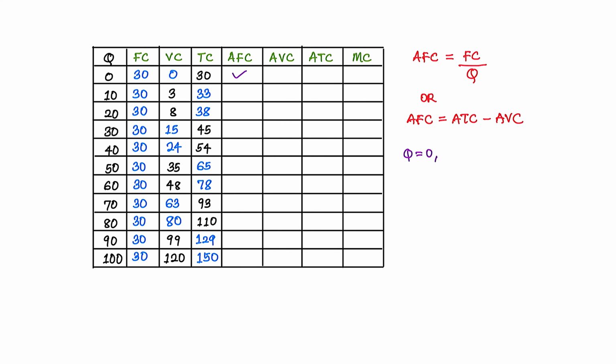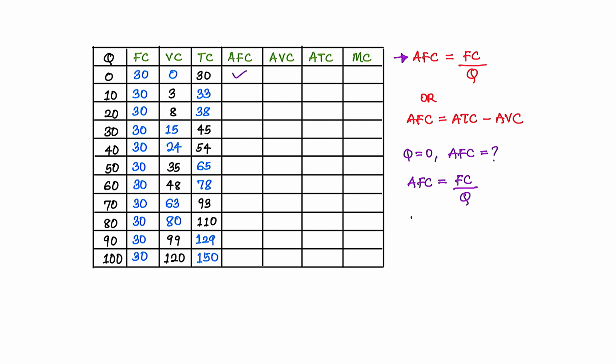Filling up this first box here to calculate the average fixed cost when quantity is 0. So when quantity is 0, we need to find the value of the average fixed cost. So we know that average fixed cost equals fixed cost over quantity, which means we are using this first formula here. We can't use the second formula because we don't know the value of average total cost. It is unknown. We don't know the value of the average variable cost. So the right formula to use in this instance will be the first formula.